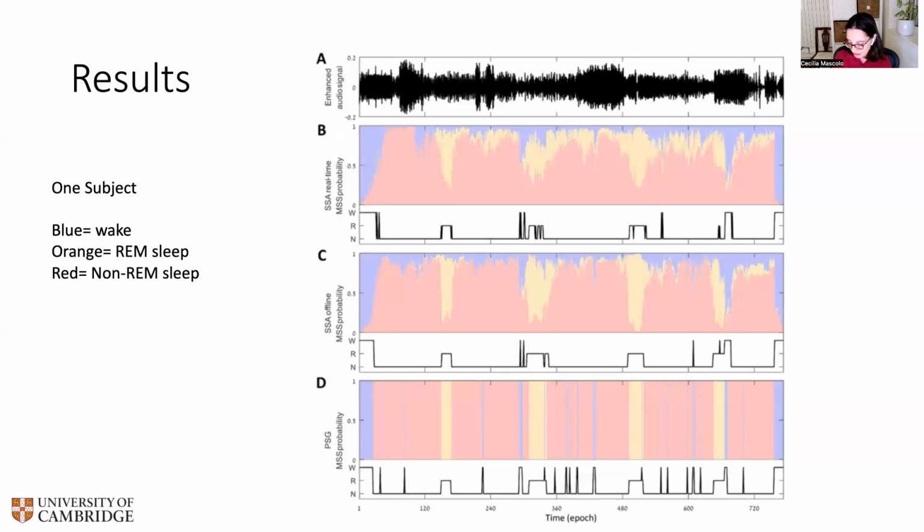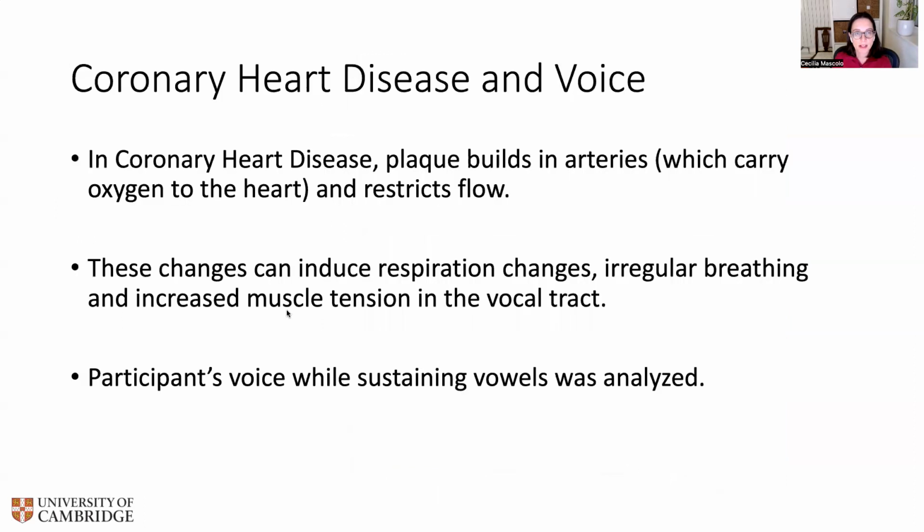And we're now moving on to something more related to our cardiovascular health. So coronary heart disease is related to plaque building up in our arteries, and this restricts our blood flow and therefore our oxygen, because blood carries oxygen to the heart.